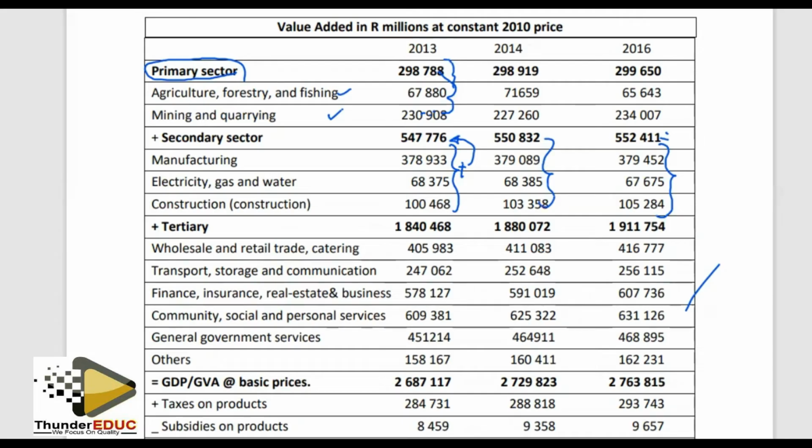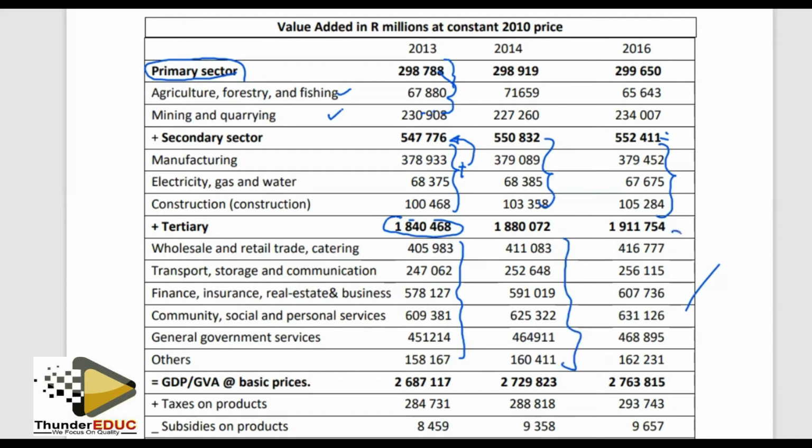You can look at the values. For the tertiary sector, look at the wholesale, the transport, finance, community, and so on. All these give us the tertiary sector.